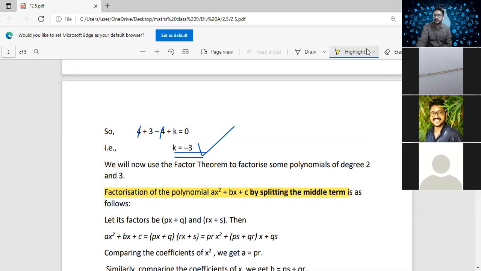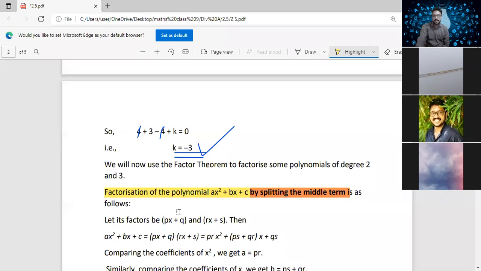It will be specifically told to you to use the method of splitting the middle term. So this is an important method also. Are you ready? We can go and learn that method also. Okay, very good. So let us go.